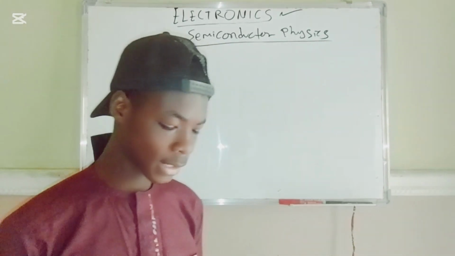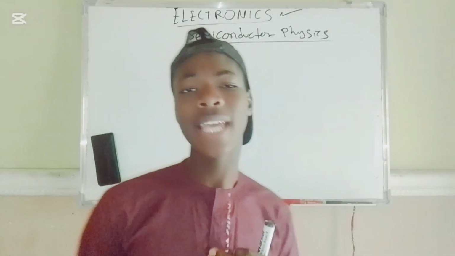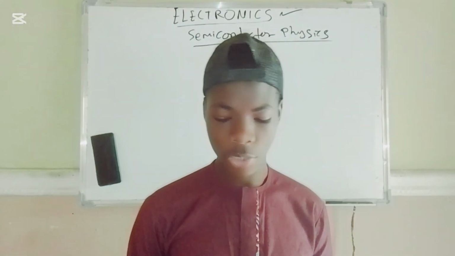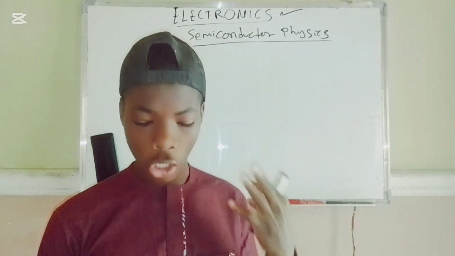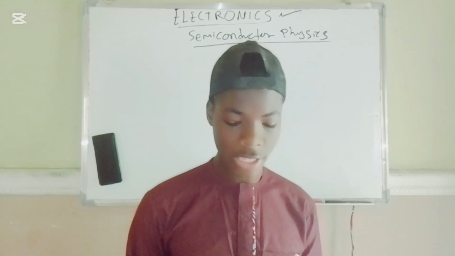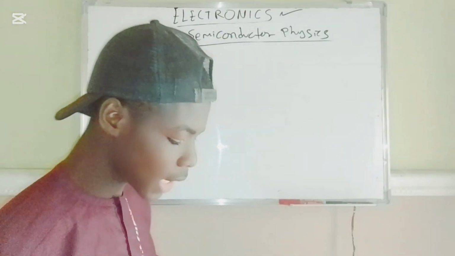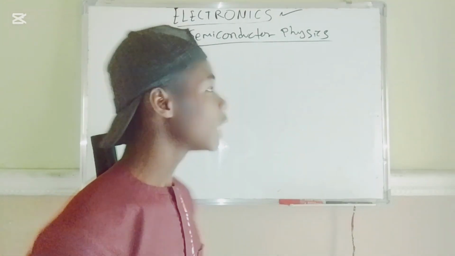But before that, semiconductor physics, as I said, is a study of behavior of electrons and holes in semiconductor materials, including conductivity, mobility, and recombination. We are going to see the mobility and conductivity. Let me write the definition.